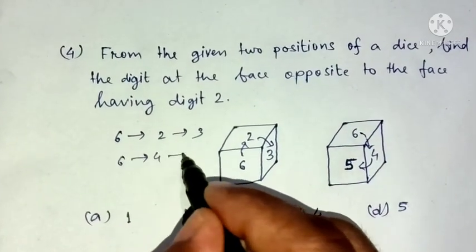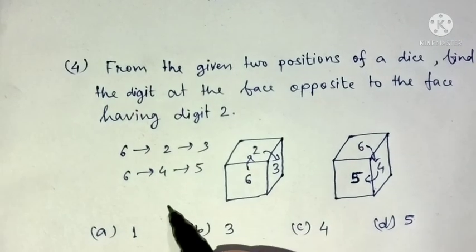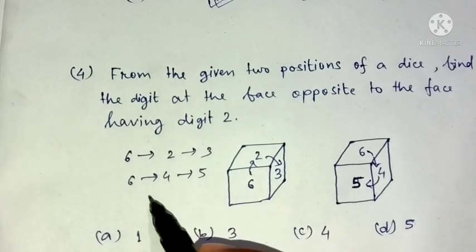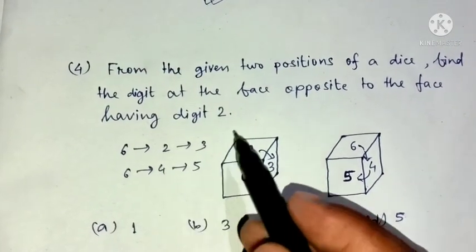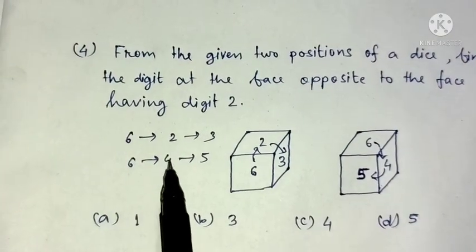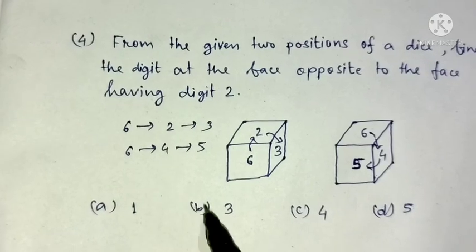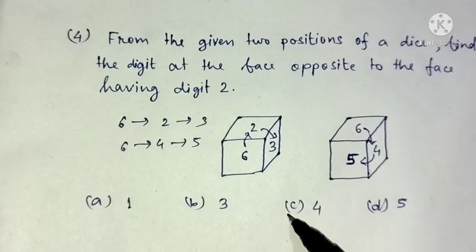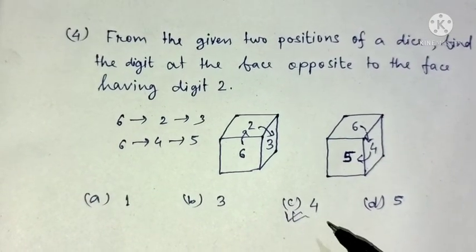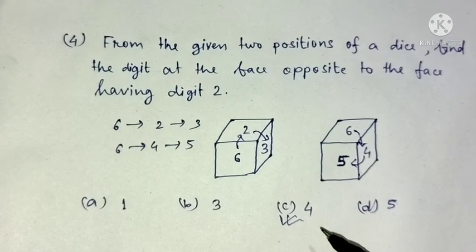Now from this relation we need to find the opposite of 2. So from this relation we come to know that the opposite of 2 is 4. So the answer is option C. Easy. So very much easily we can find the answer here.